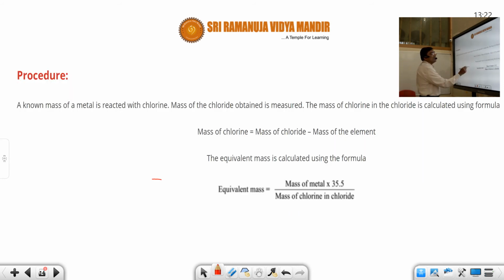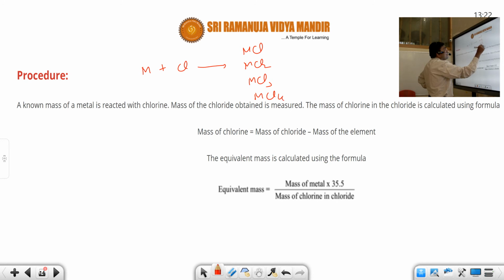Now let us solve one question. So here, whenever metal chloride is given, in this case what happens, students? A metal reacts with chlorine and it forms MCl or MCl2 or MCl3 or MCl4 or MClX. Anything can be formed. So here, how do you find the mass of chlorine? Mass of metal chloride minus mass of the metal will give chlorine.